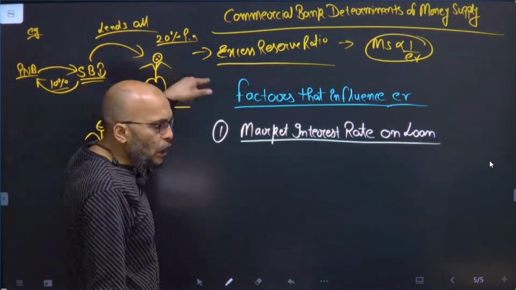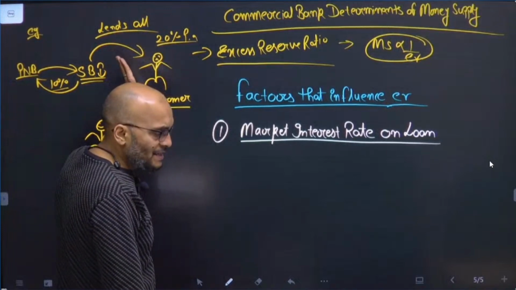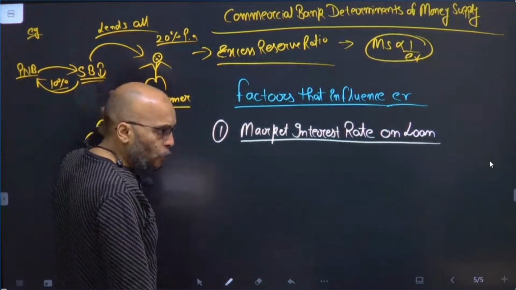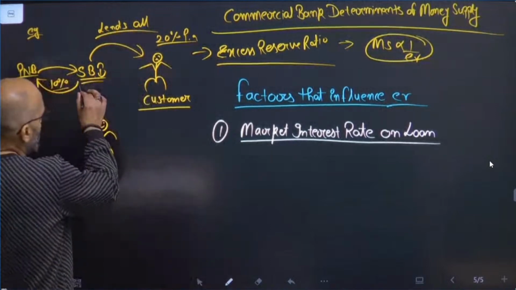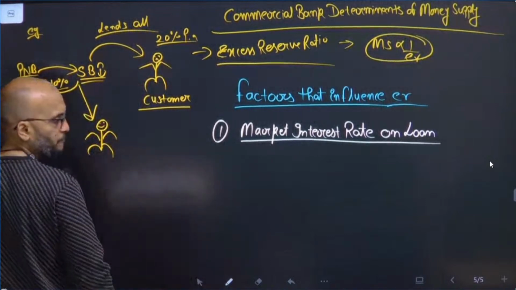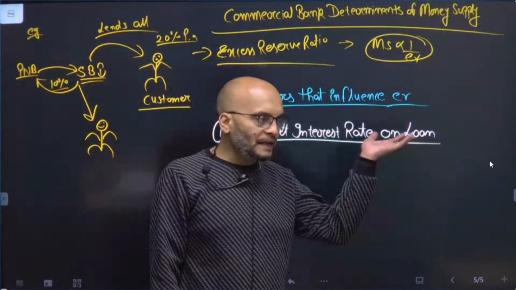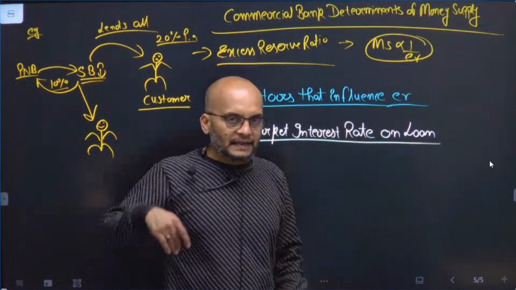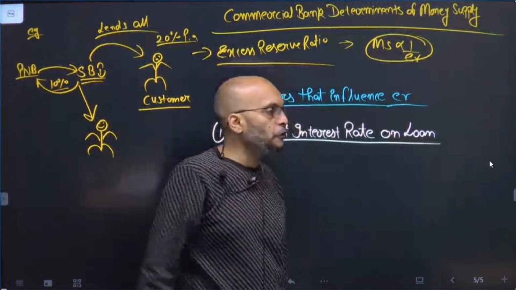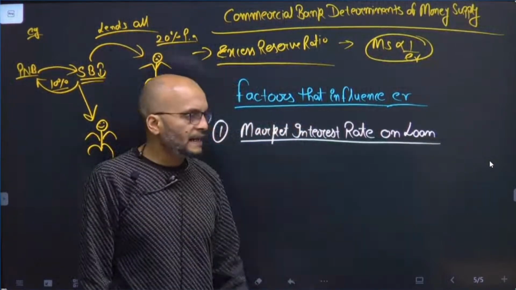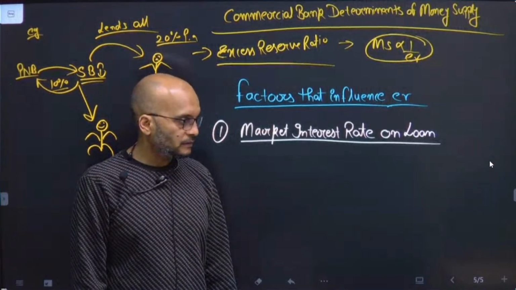So SBI lent out 20 lakh rupees at 20% interest and borrowed 20 lakh rupees at 10% interest, and with this money it paid this customer. So what is SBI doing? Took the money at 10%, gave it at 20%, earning 10% profit. Understood or not? Yes, sir.